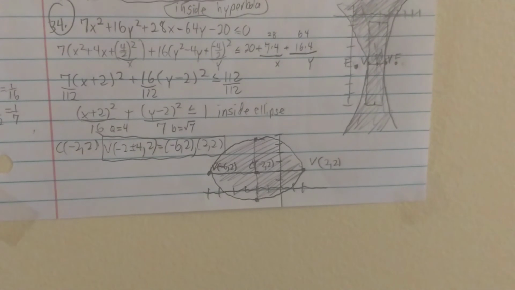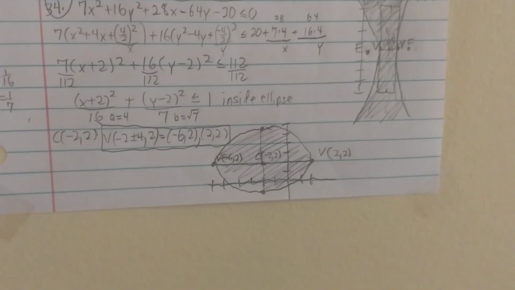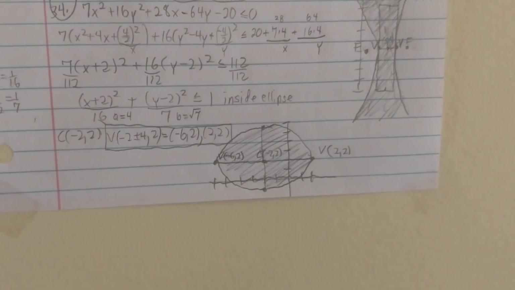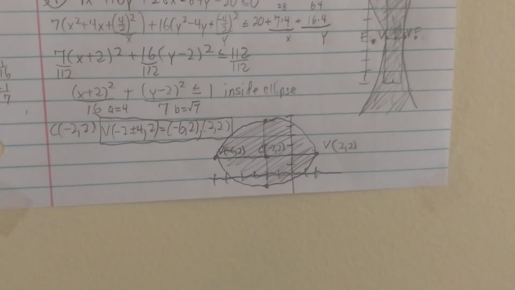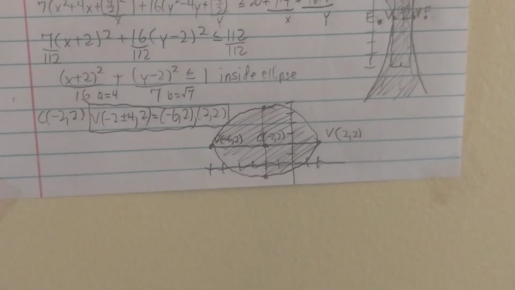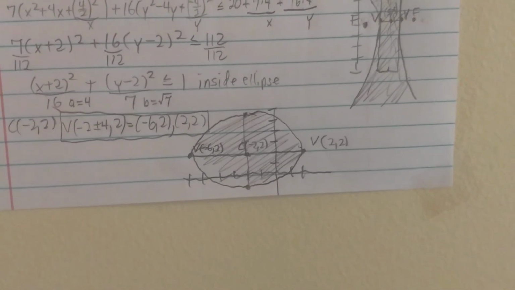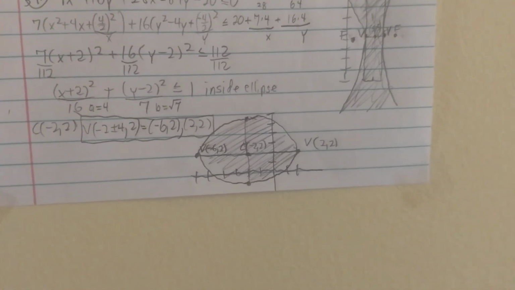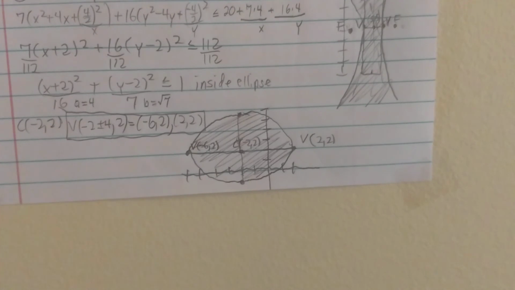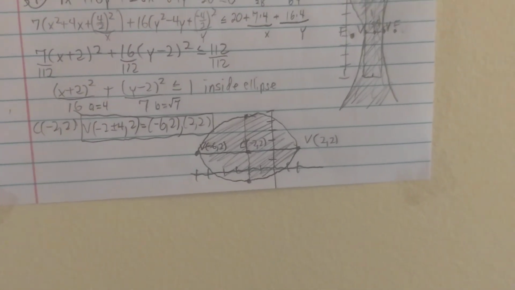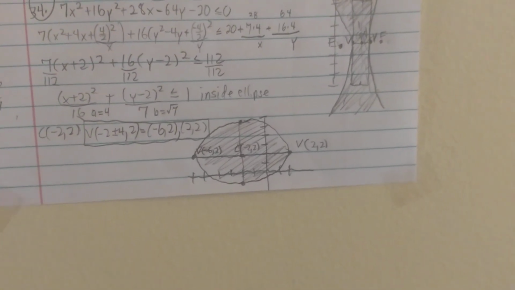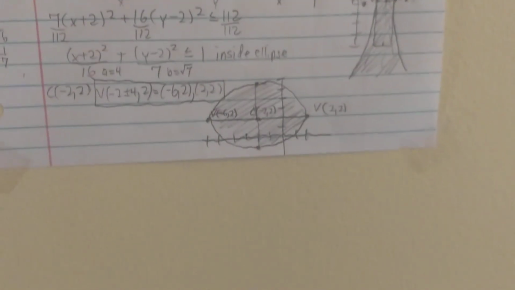So the center is at negative 2, 2, as shown. The a under the x plus 2 squared becomes 4. So negative 2 plus or minus 4 comma 2 gives me negative 6 comma 2 and 2 comma 2. And the b is the square root of 7. So from the center up and down the square root of 7, and it's inside the ellipse.